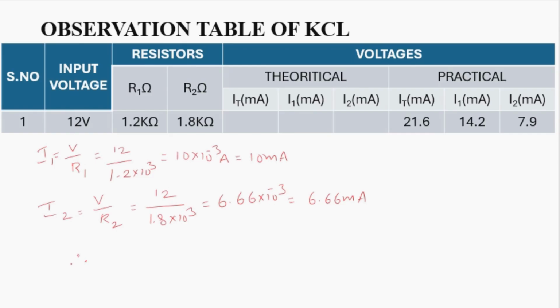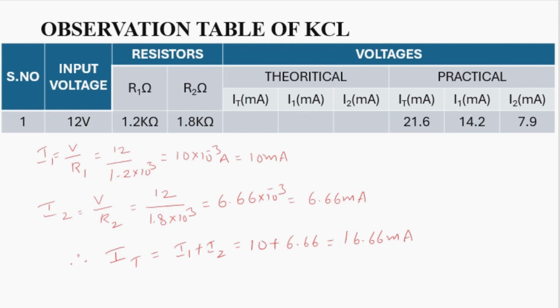Therefore, total current IT is equal to I1 plus I2. I1 is 10, I2 is 6.66, which is 16.66 milliamperes.